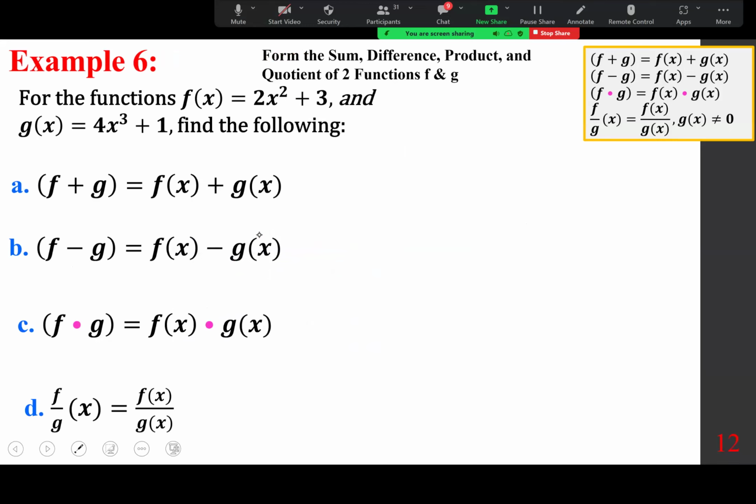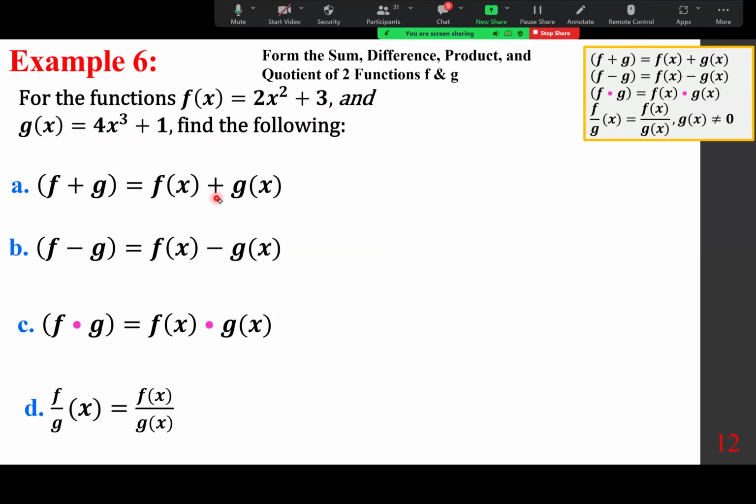All right. We're going to continue looking at algebra of functions, everybody. For the functions f of x equals 2x squared plus 3 and g of x equals 4x cubed plus 1, find the following. So let's quickly do this.